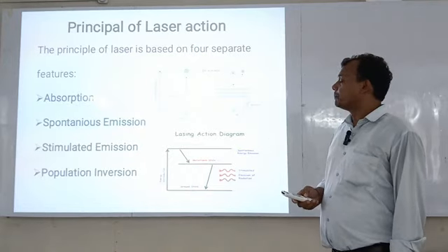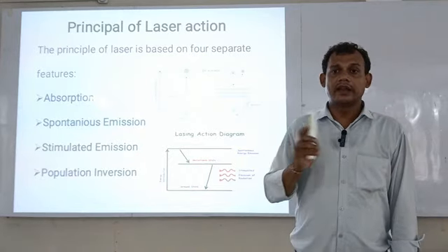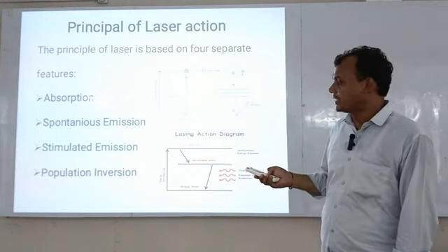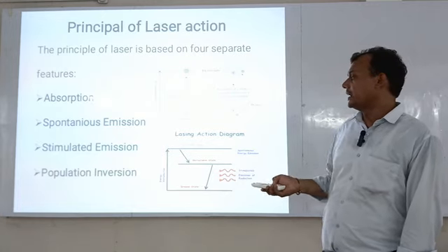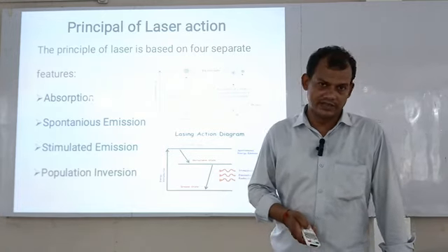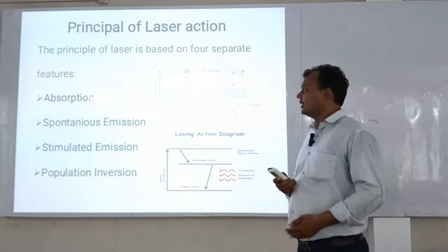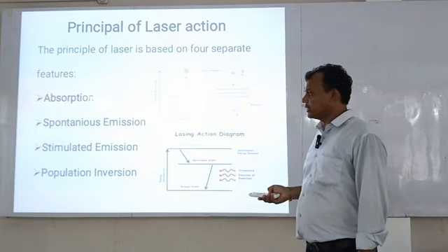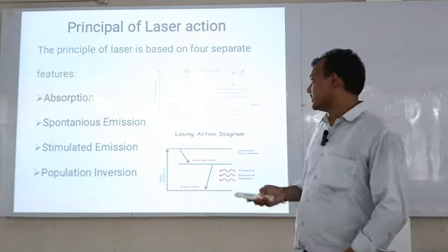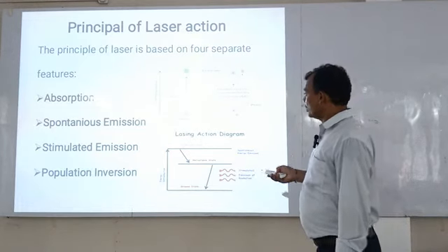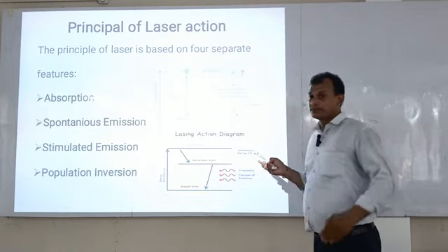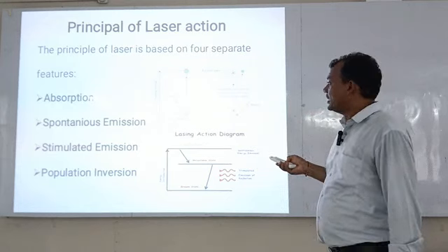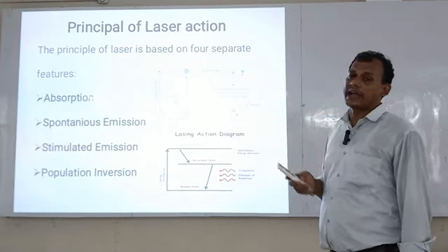Now we come to the principle of laser action. In laser action there are three main principles. First is absorption, second is emission, and third is population inversion. In other words, we can say first is pumping, second is population inversion, and third is emission. In the first picture, every atom is in the ground state, but when it absorbs some energy, it becomes excited.